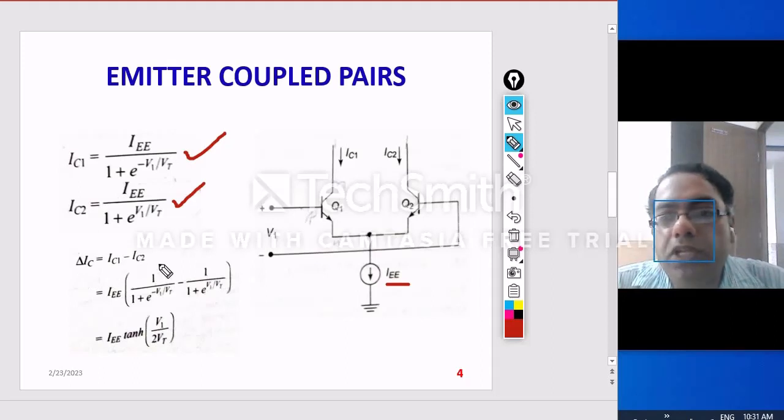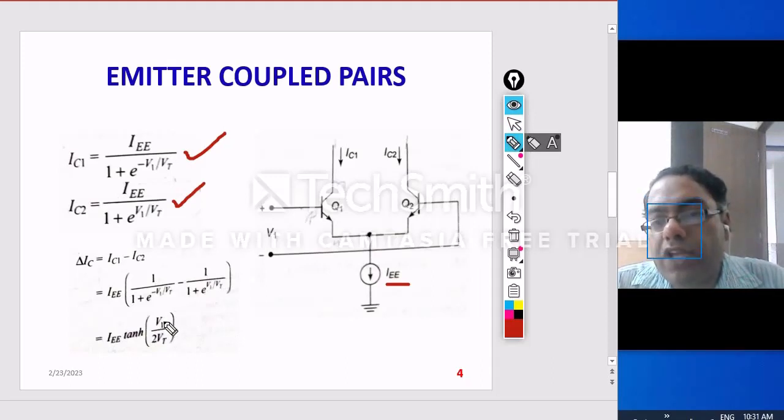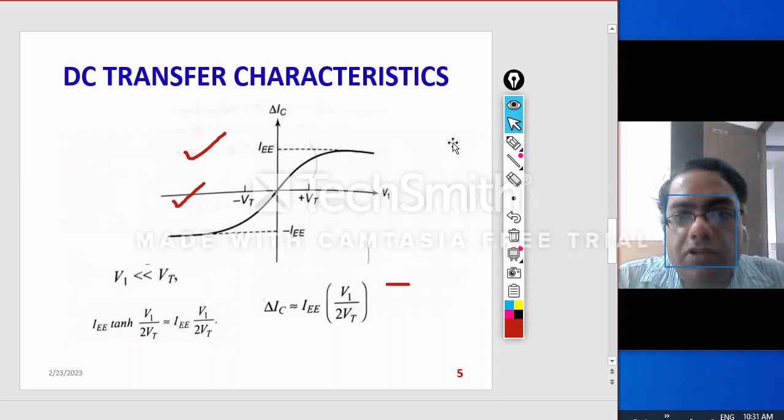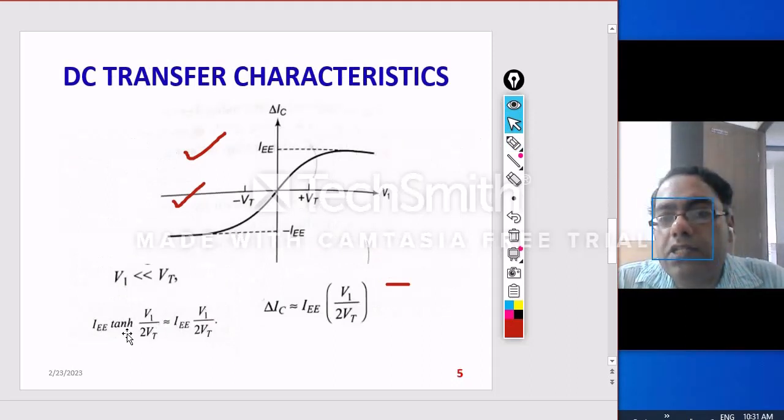Now IC1 can be written by this expression, IC2 can be written by this expression, and the differential current is given as IC1 minus IC2, which can be written in this form. Using trigonometry, this can be proved that it comes out to be IW tan hyperbolic V1 by twice of Vt. However, if V1 is very less, if the term inside this bracket is very less, then we can simply write tan hyperbolic as directly proportional to V1 by twice Vt.